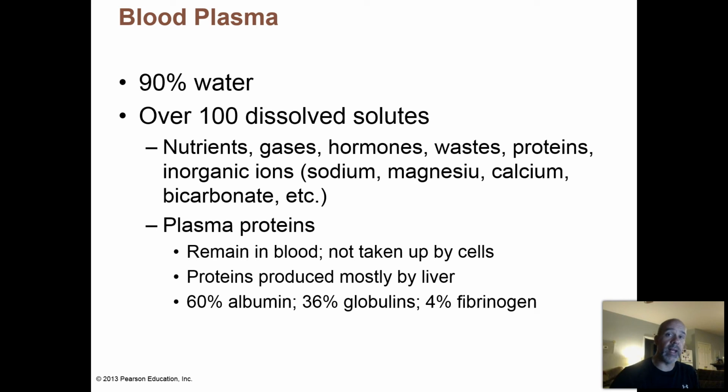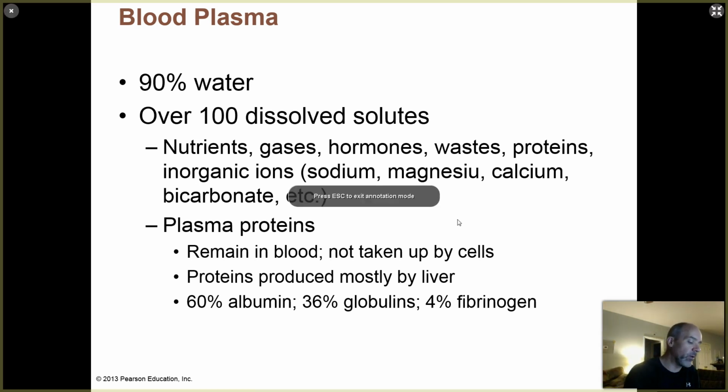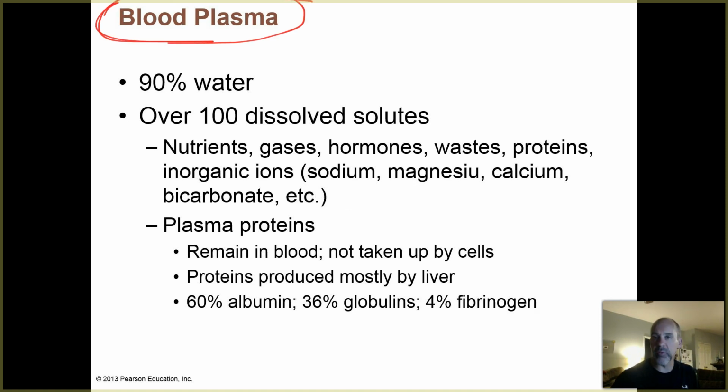In the last video clip, we learned that if you let blood settle in a tube, or if you spin it in a centrifuge so that that settling takes place at a much faster rate, the blood would separate into a liquid component on top, called blood plasma. Then there would be a little strip in the middle called the buffy coat, which consists of white blood cells.